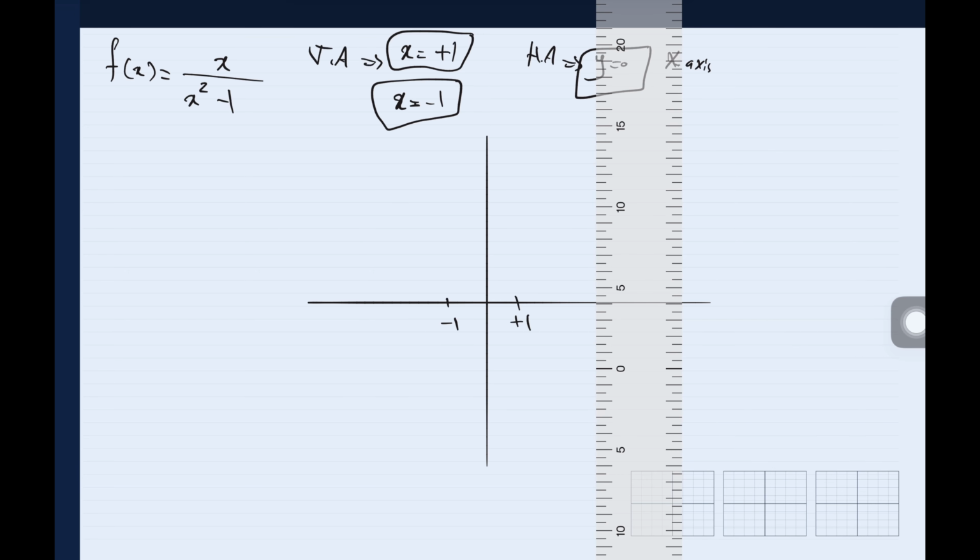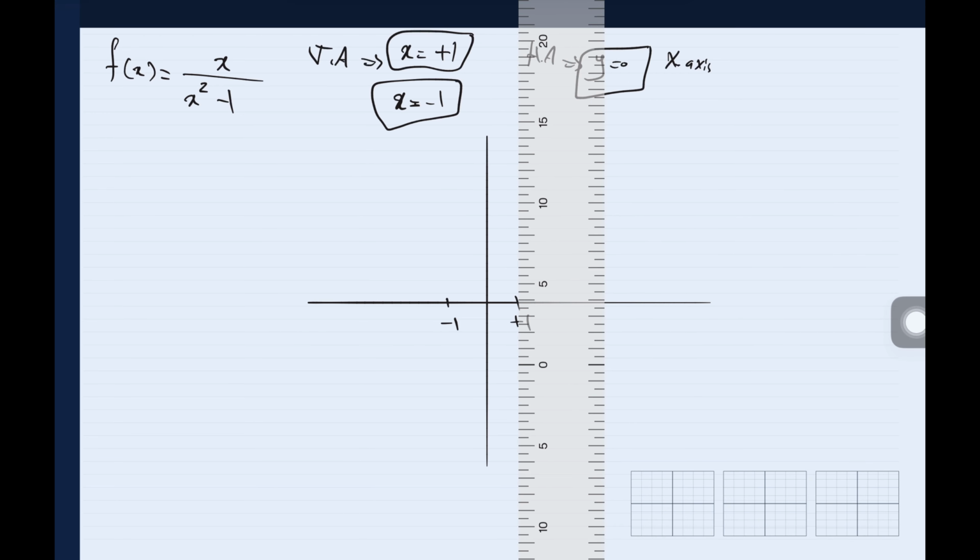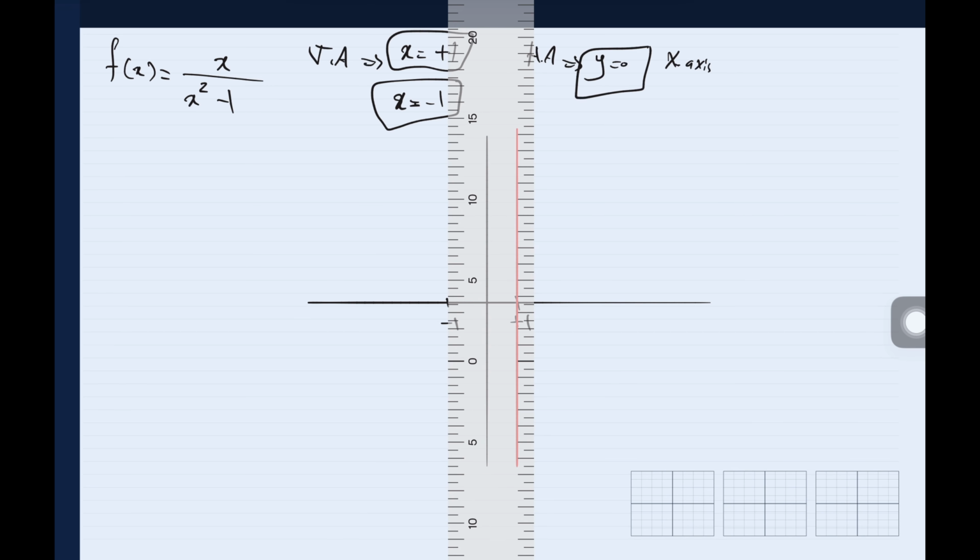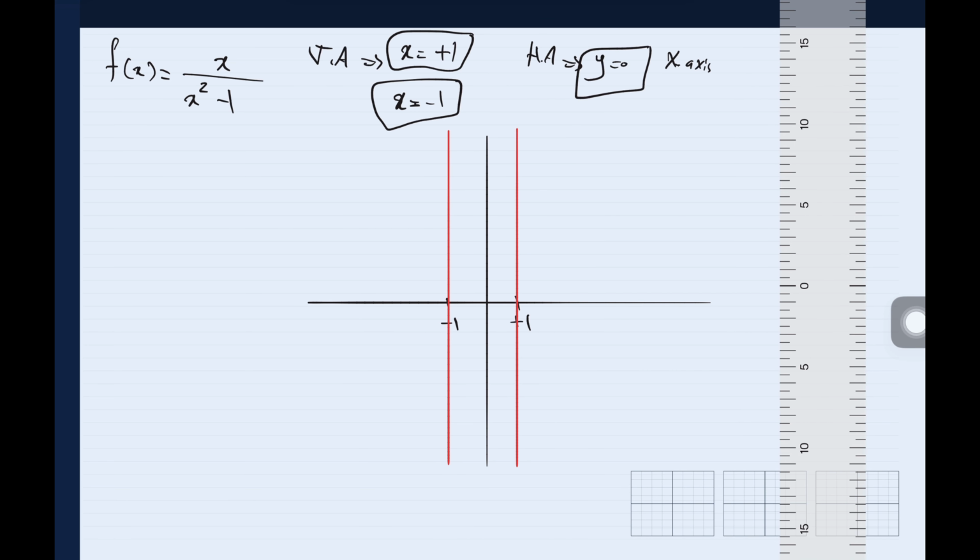I'm going to color those with a red line. So these two are vertical asymptotes. So why do I draw that with the red color? Because the function is not allowed to touch or cross at all.